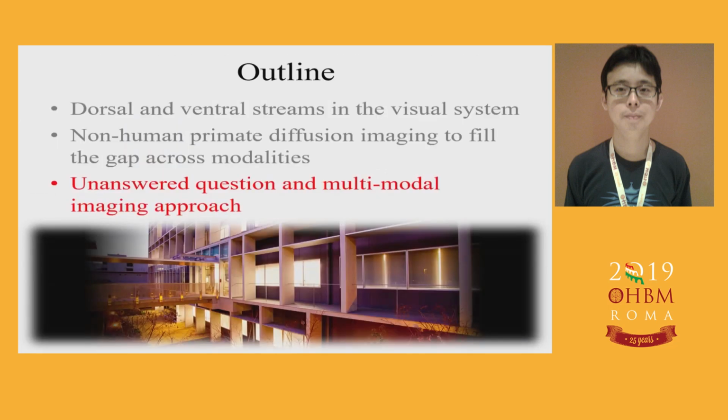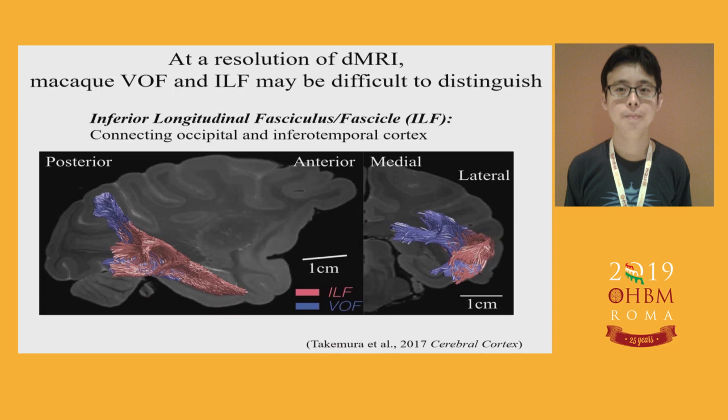Finally, I am going to explain an unanswered question today and the possibility of integration with high-resolution neuroanatomy data. One of the remaining questions is that even with very high-resolution diffusion imaging, it is not always possible to distinguish everything. For example, the macaque VOF is located quite near the inferior longitudinal fasciculus, ILF, which is a major bundle connecting the occipital and inferior temporal cortex.